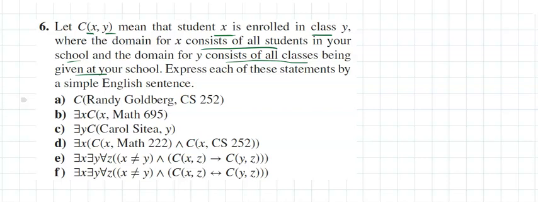Now, here it says someone is enrolled in Math 695. Here it says Carol, or CS, is enrolled in some courses.